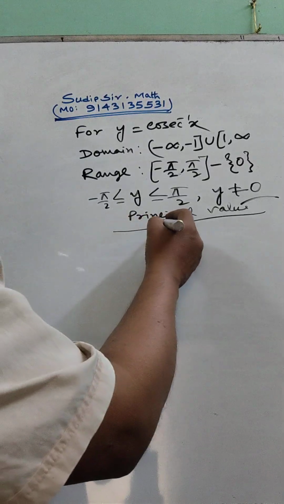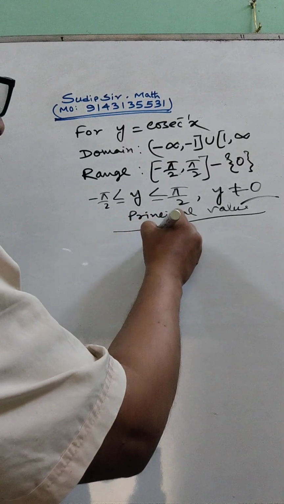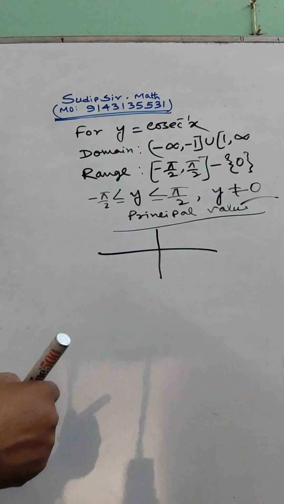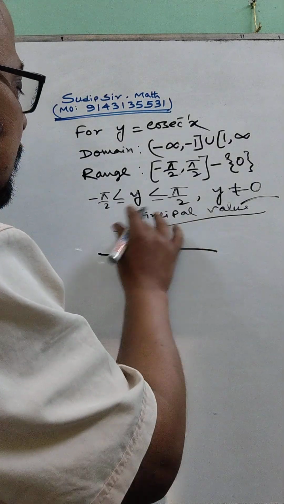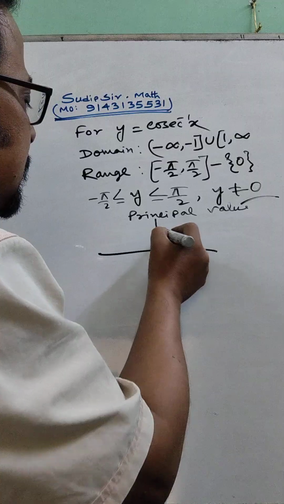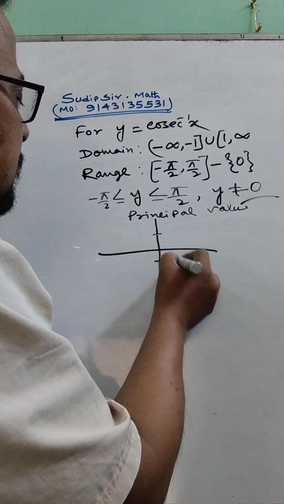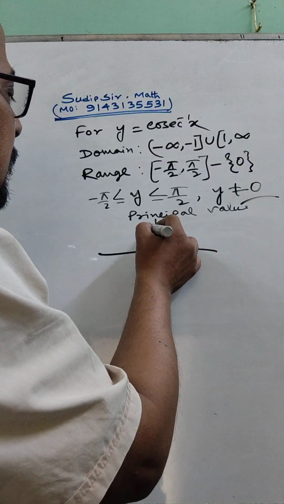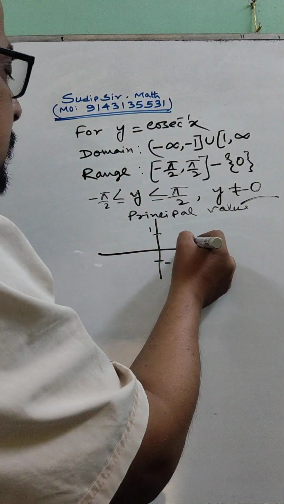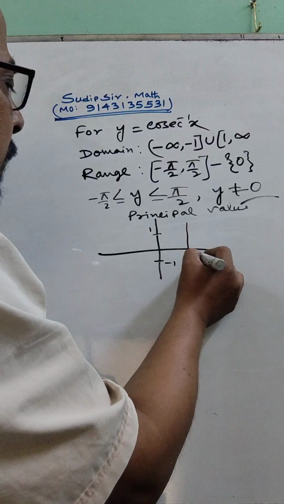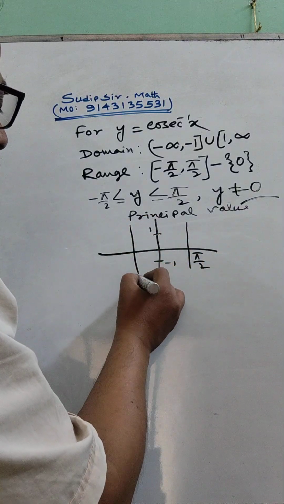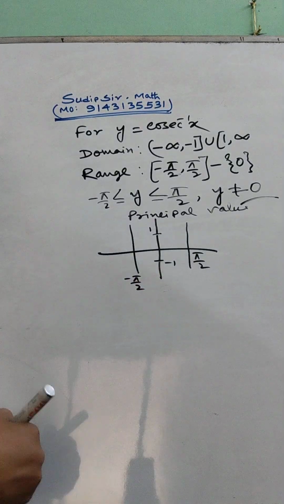That's why for cosec x, the graph will be like this. For cosec x, this is 1, this is minus 1, this is 1, and this is pi by 2, and this is minus pi by 2.